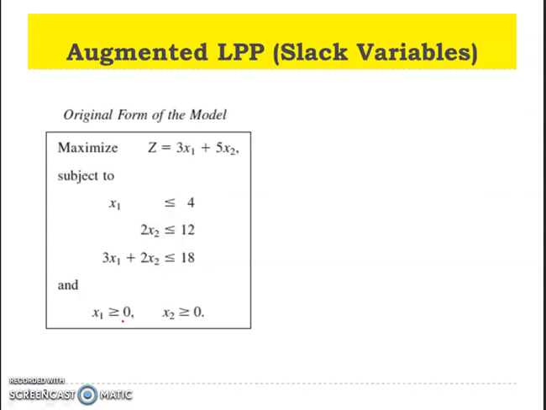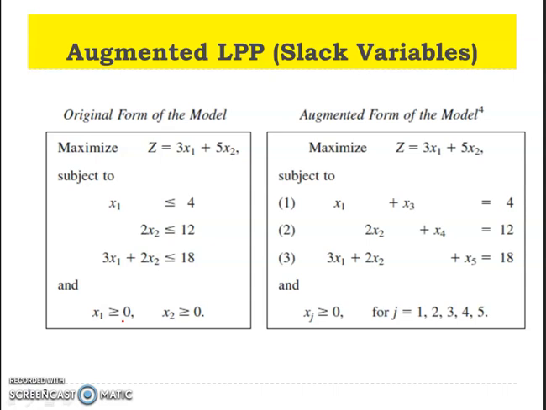First, we change the given linear programming problem into a linear programming problem with equality constraints, and we call it the augmented form of the linear programming problem. So we change these inequalities into equalities by adding some new variables x3, x4 and x5, which we call slack variables.